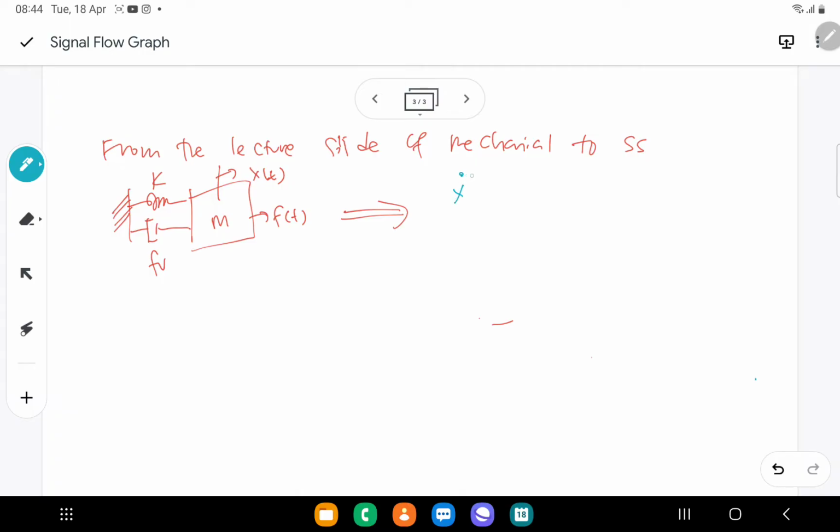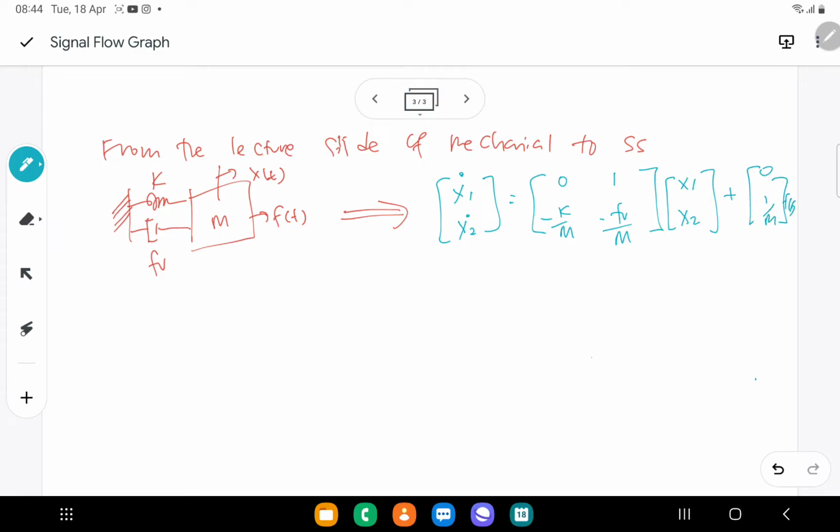So the state space of the system is x1, x2 dot equal to 0, 1, negative k over m, negative fv over m, times x1, x2, plus 0, 1 over m times ft, and then our output here is equal to 1, 0 times x.